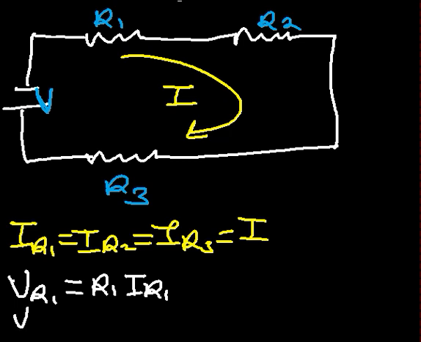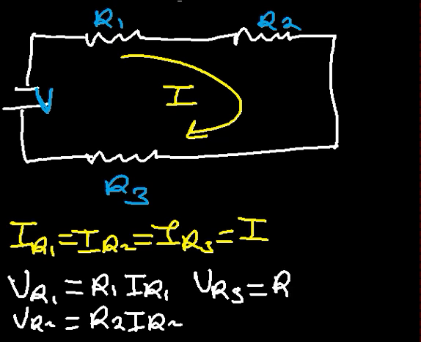And the voltage across resistor 2 will be R2 times the current across R2, and the voltage across resistor 3 will be R3 times the current across resistor 3, of which the current remains the same.